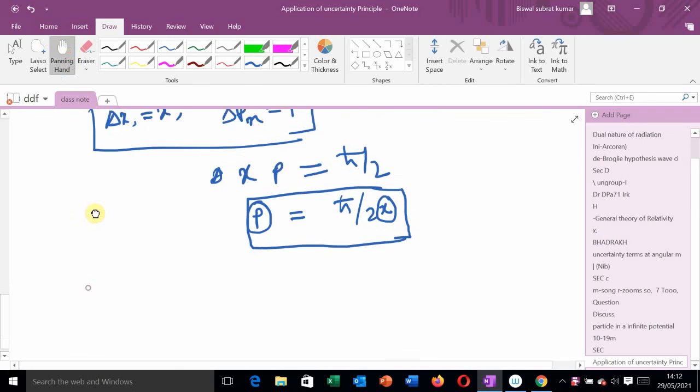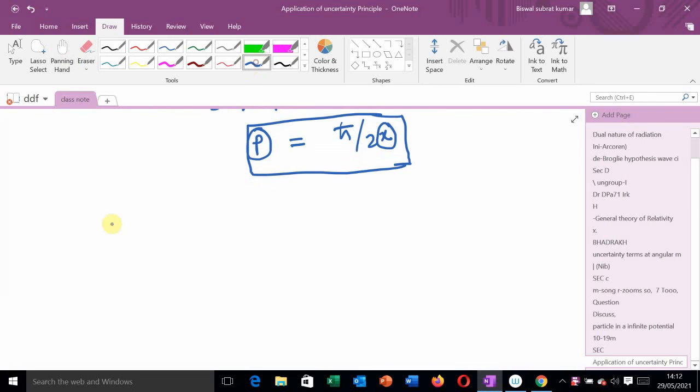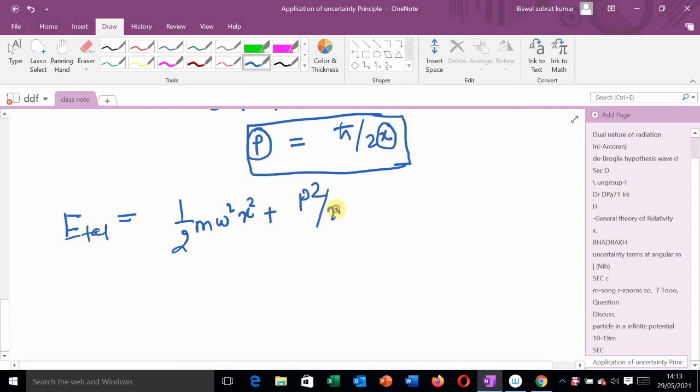Now you see the expression for total energy. This is the expression for total energy, and we can write p in terms of x. Here is the expression. So now the total energy can be written in terms of x only.